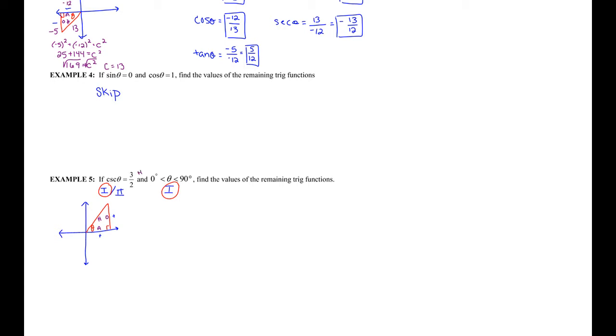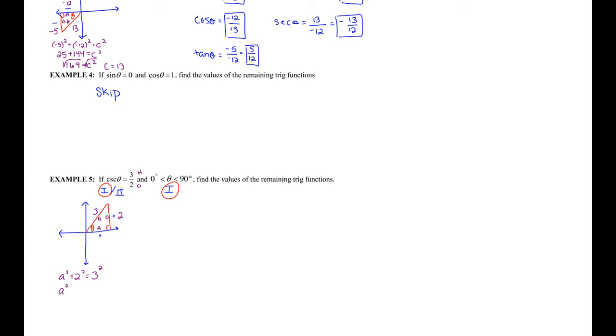I'm going to use the Pythagorean theorem to locate the length of the adjacent side. When using the Pythagorean theorem, I want to make sure that the hypotenuse, the side across from 90 degrees, ends up on the side of the equation by itself. So I get a squared plus 2 squared equals 3 squared, which will simplify to a squared plus 4 equals 9.